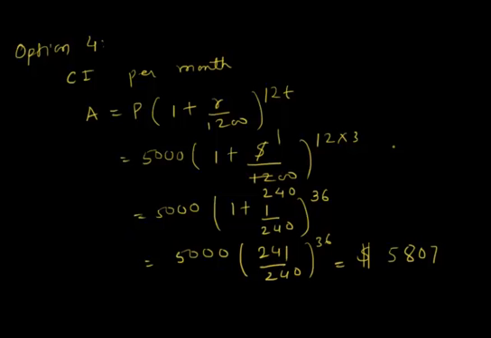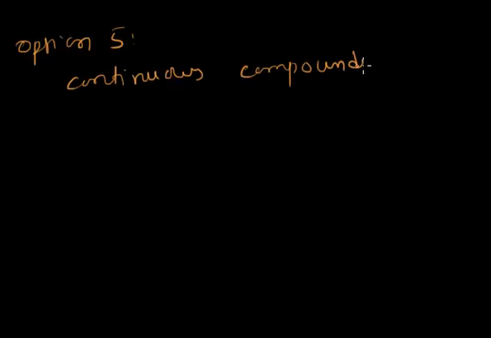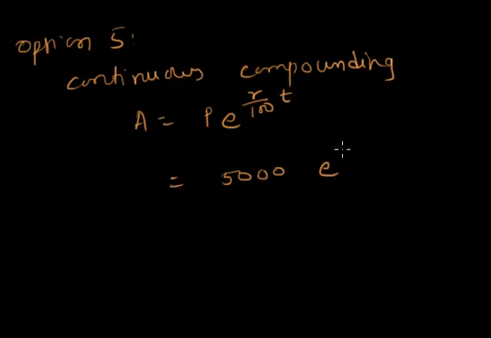Now let's look at the last option, that is continuous compounding. Option 5 is continuous compounding. It is given by the formula A is equal to P e raised to R over 100 times T. So the principal is 5,000, e raised to 5 over 100 times 3.